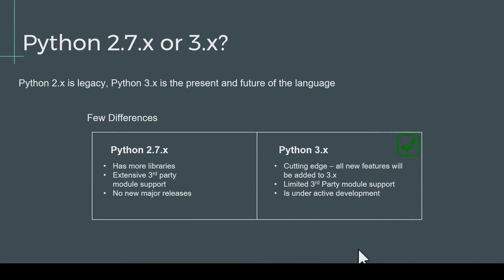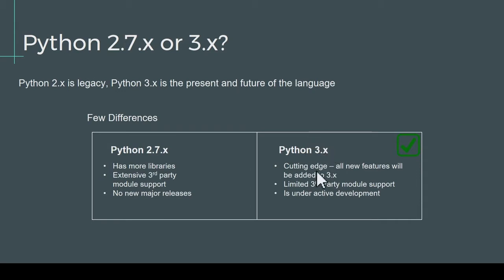But then coming to the differences, as we already mentioned, Python 2.7 has more libraries. It has extensive third-party module support, but it has no major new releases. The last version which we have seen in Python 2.7 was Python 2.7.12. Similarly, if you look at Python 3.x, today the most popular one is 3.5.